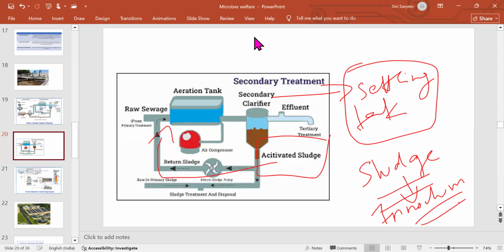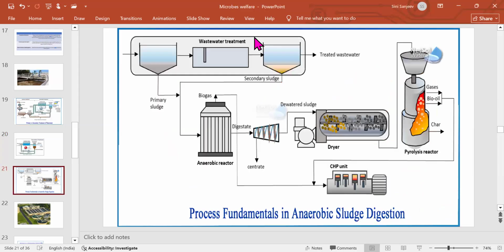Till now, whatever the process was, it was in the presence of air, meaning it was an aerobic process. Now we'll be dealing with the anaerobic process. As you can see, this is the anaerobic sludge digestion. In the anaerobic sludge digestion, whatever primary sludge we have got over here goes to the anaerobic digesters, and this is how it looks.